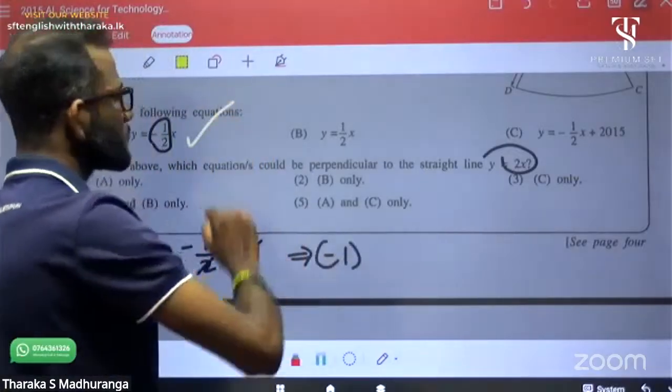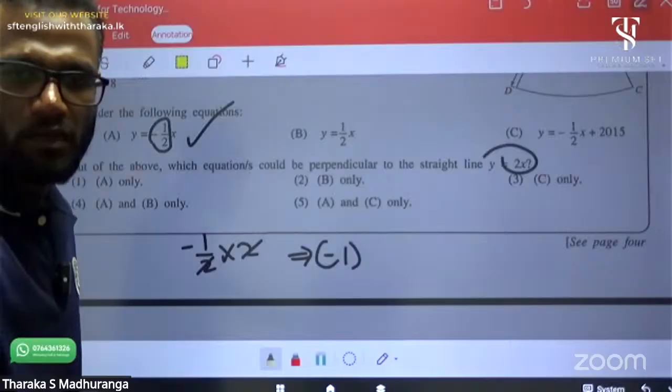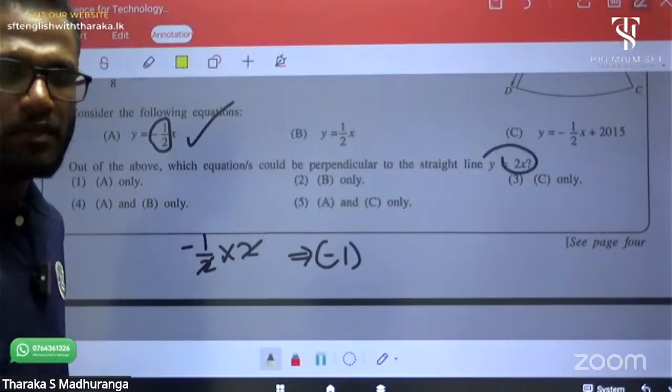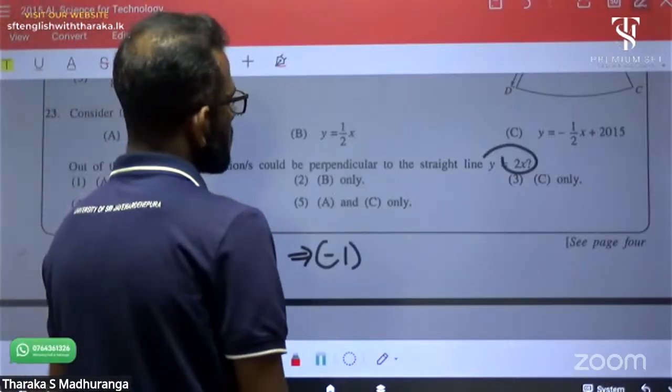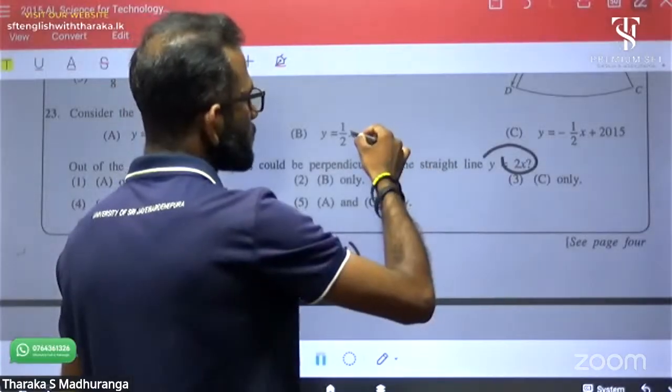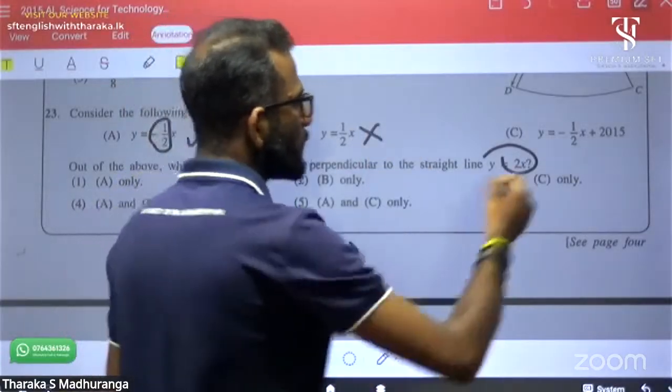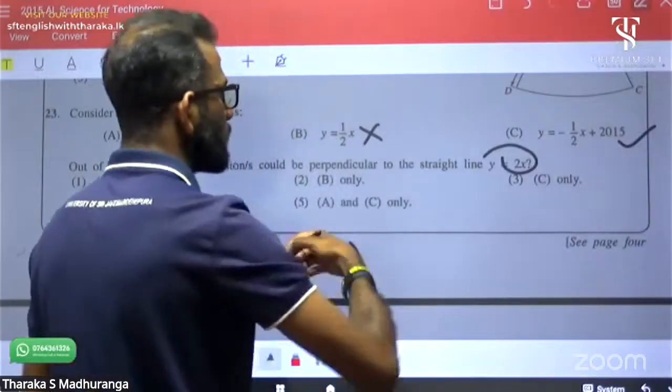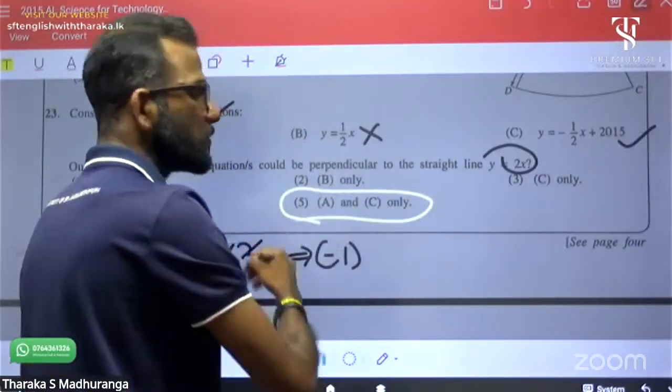Then it is correct. A correct. Plus half, no, wrong. Minus half again correct. A and C.